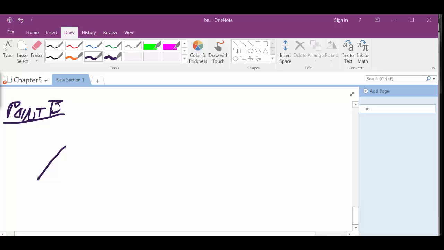Well, I've got AB right here, and I know the angle of that. What is that angle? 36.86, 36.9. Okay, then I've got the 2 kip force there.